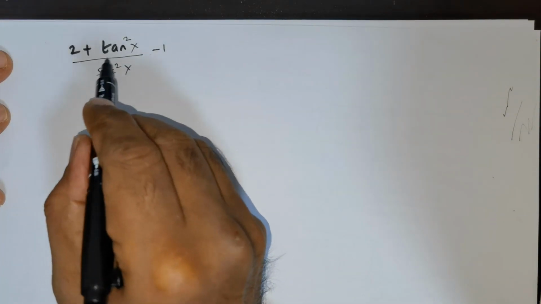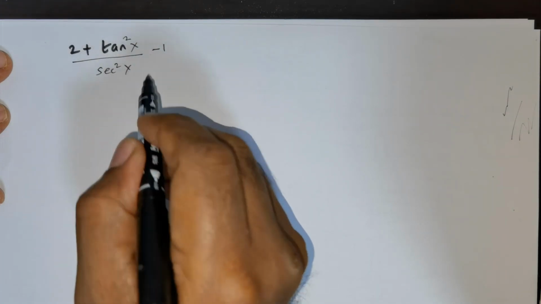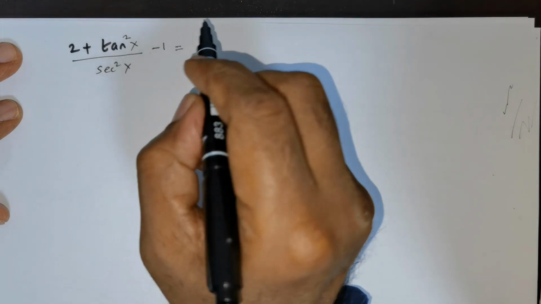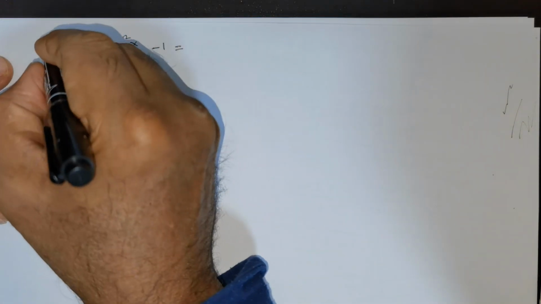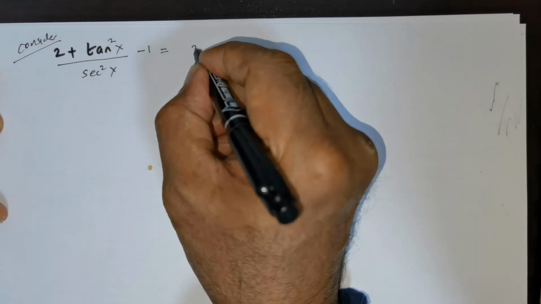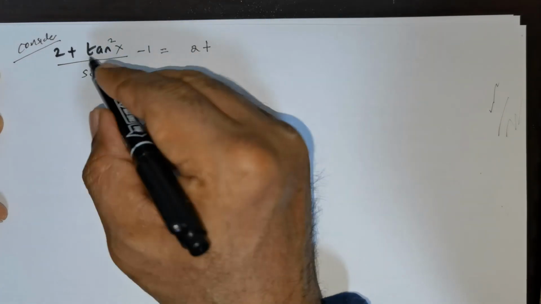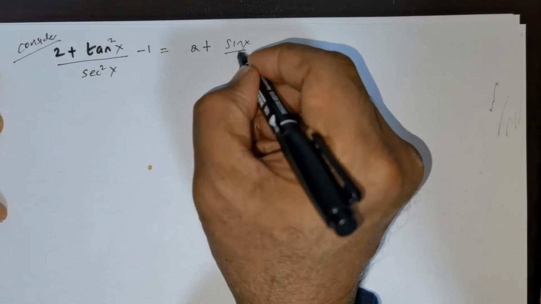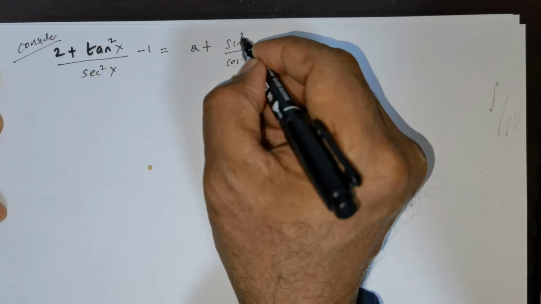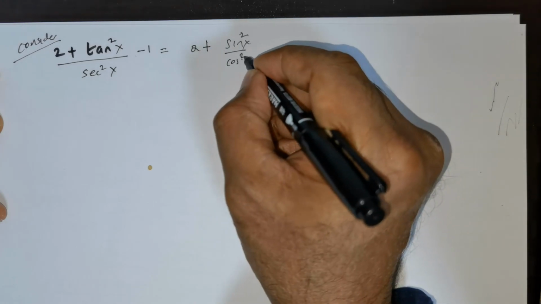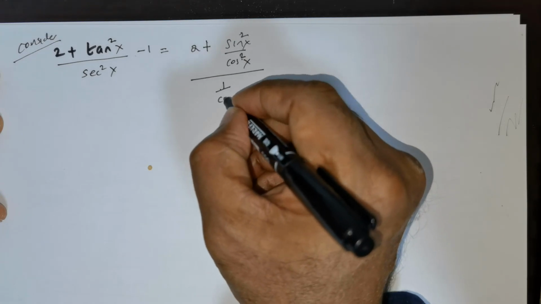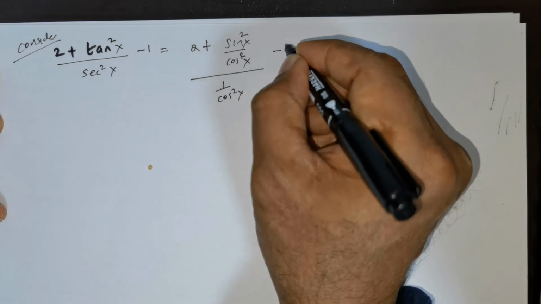So the next question is 2 plus tan squared x over secant squared x minus 1. As I've already mentioned to you, whenever you see tan x and cot x, convert them into sine and cos. So first what I will do is I'll start off by stating consider. So this is equal to 2 plus tan x is sin x over cos x, but since we have got the exponent value to be 2, I'm going to get sin squared x over cos squared x divided by secant squared x is 1 over cos squared x followed by minus 1.